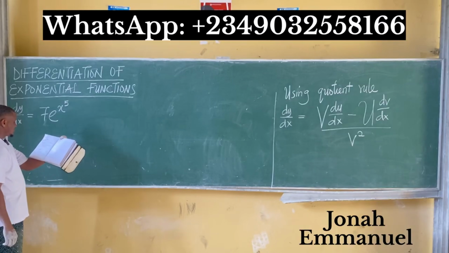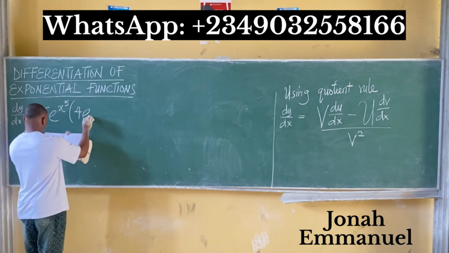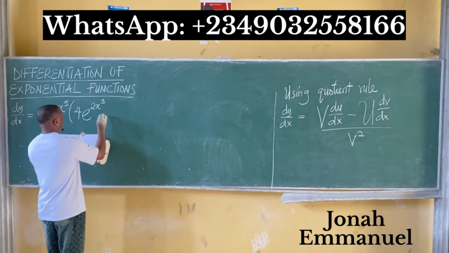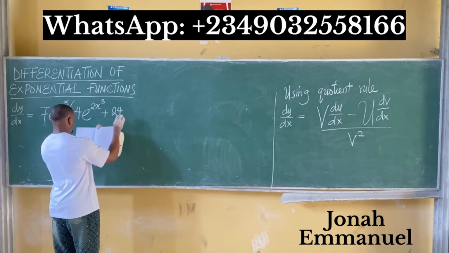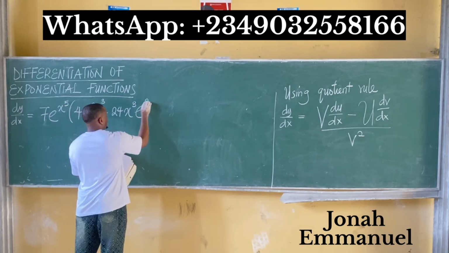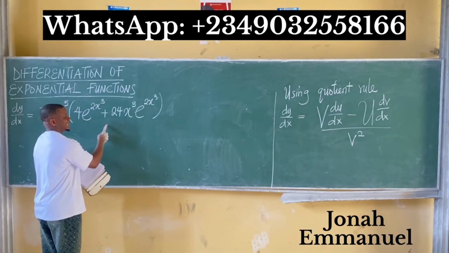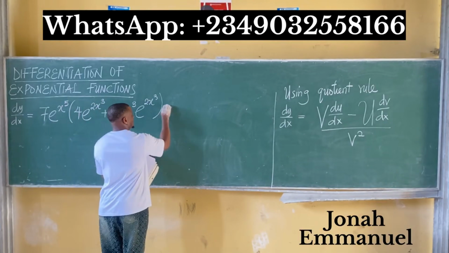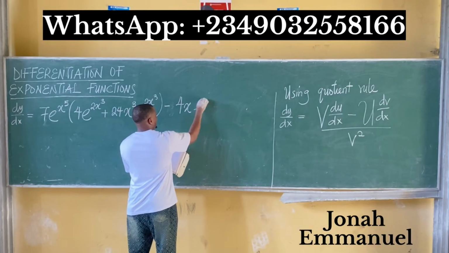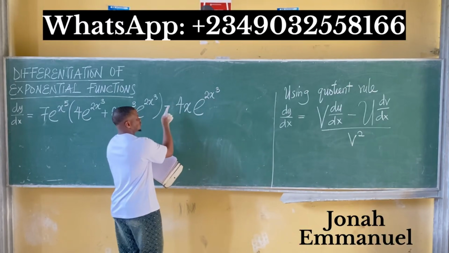Let's get du dx. What is du dx there? 4 exponential 2x cubed, this, plus 24x cubed. All right, so this is v du dx. Next up, minus what's u there? U is 4x exponential 2x cubed, minus u.